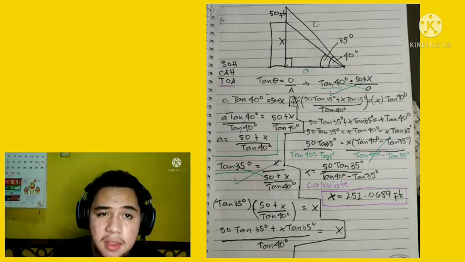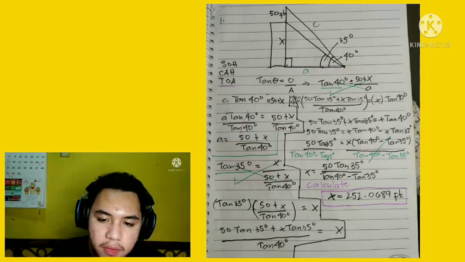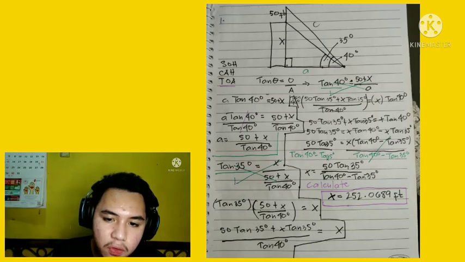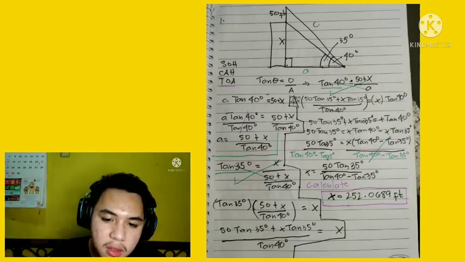So why 50 plus x? And that is because 50 plus x is the opposite of the angle 40 degrees. And if we add 50 plus x, we can get the opposite.